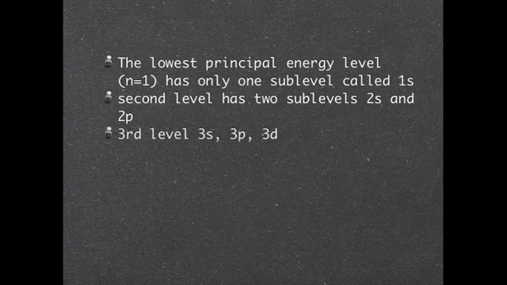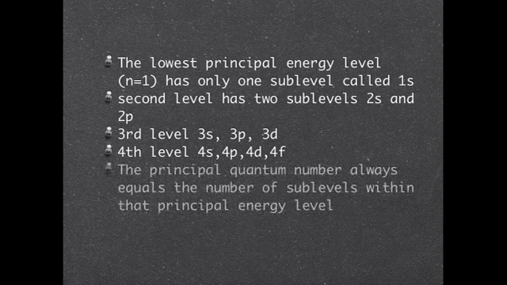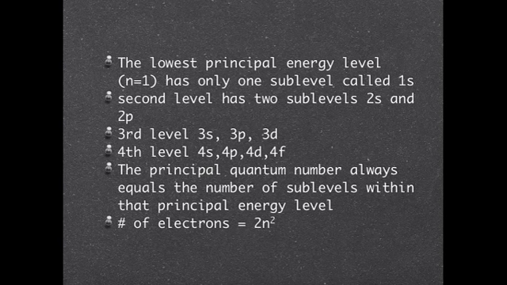On the third level you've got 3 rooms, or 3s, 3p, 3d sublevels. Notice that for every level you have that many sublevels. So the fourth level has 4 sublevels, 4s, 4p, 4d, 4f. Okay, so that's what we're talking about there. Whatever the principal quantum number, that's how many sublevels there are.